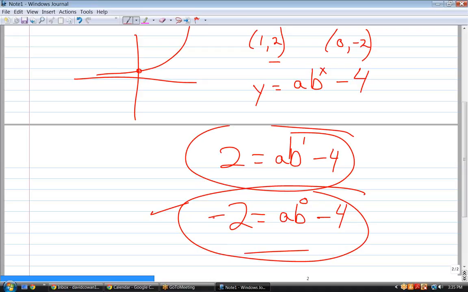One equation, even though there are two variables, one variable really doesn't act like a variable, because b to anything to the 0th power is 1. So in this case, a is equal to 2, based on this equation alone.